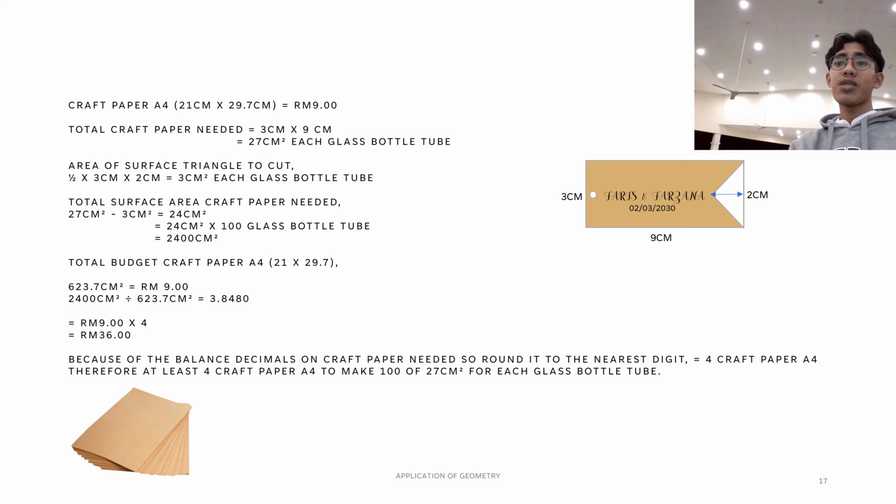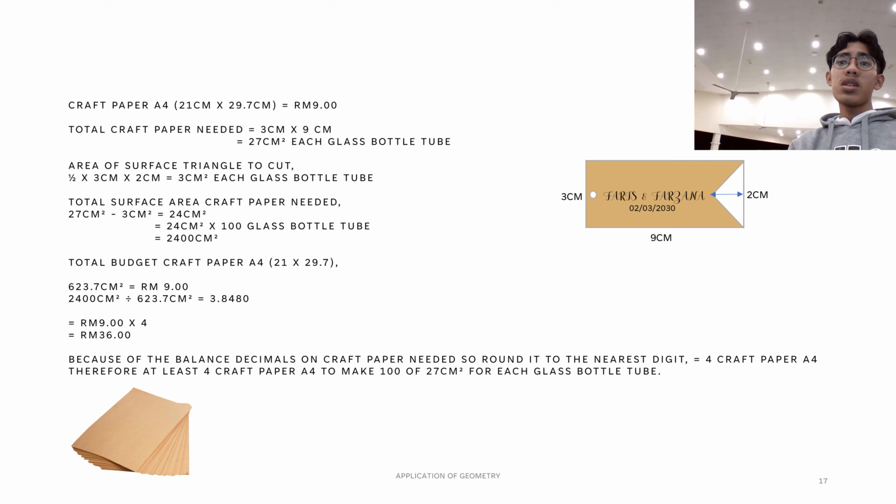2400 cm square. And back to the point that the craft paper A4 has a total surface area of 623.7 cm square for only 9 ringgit. So now we need to find how many craft paper A4 we need.